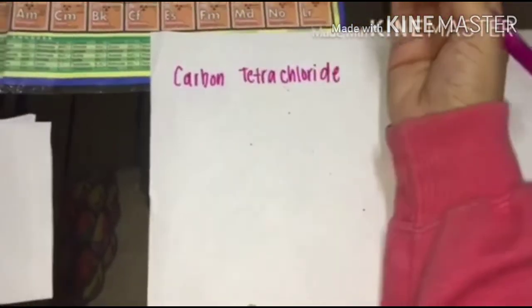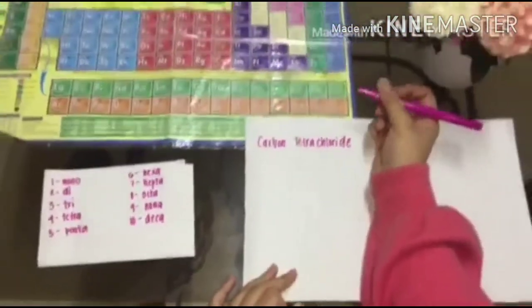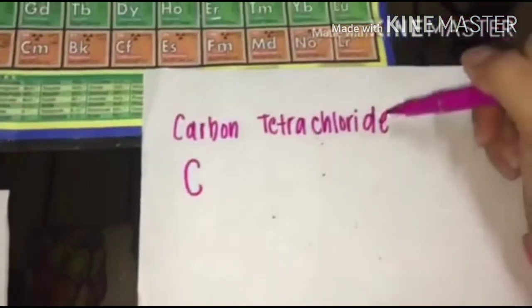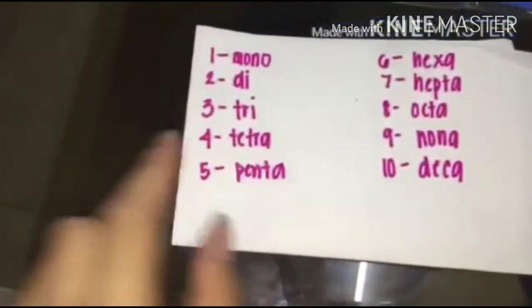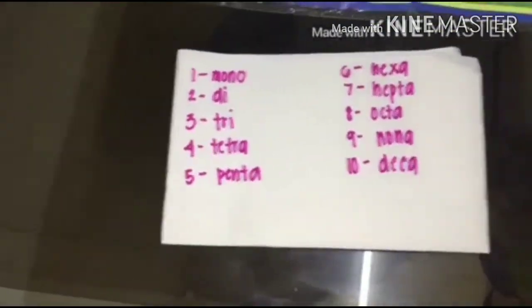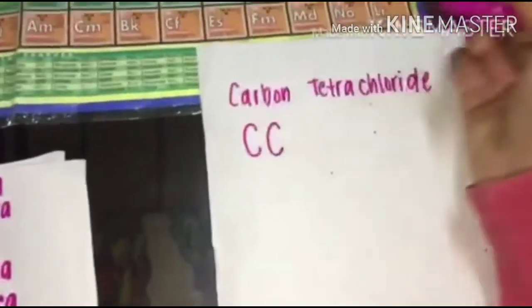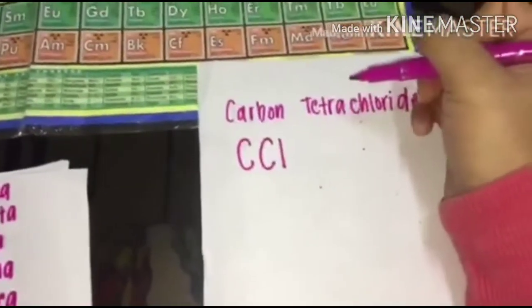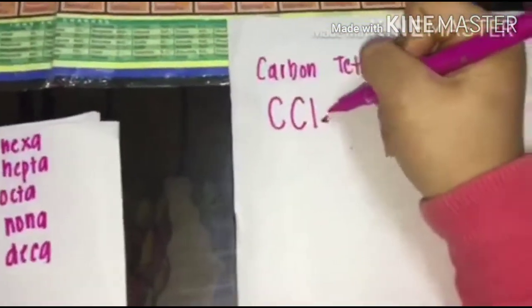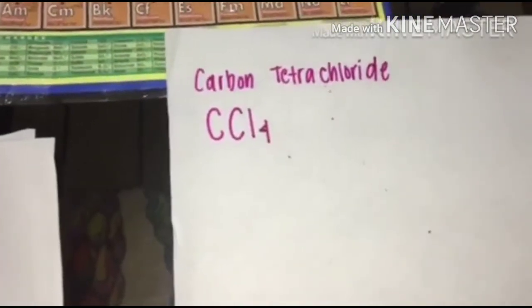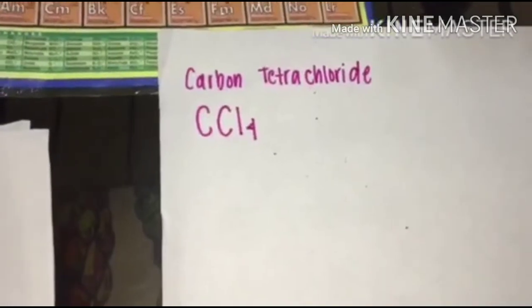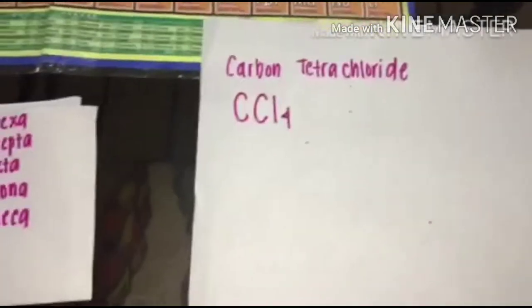It is just carbon, and tetrachloride, tetra has 4. So we write the symbol of chloride, which is Cl, and tetra, which is 4, after the symbol of the element. So this is the covalent formula of carbon tetrachloride.